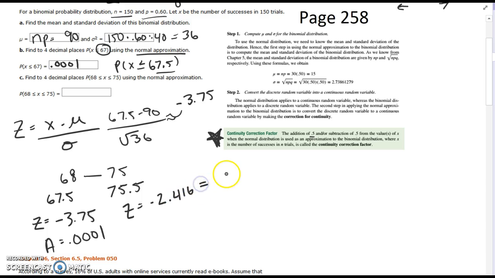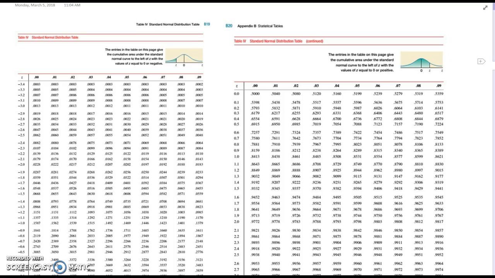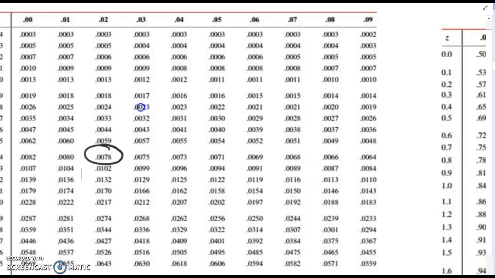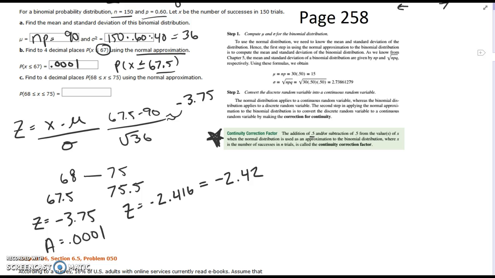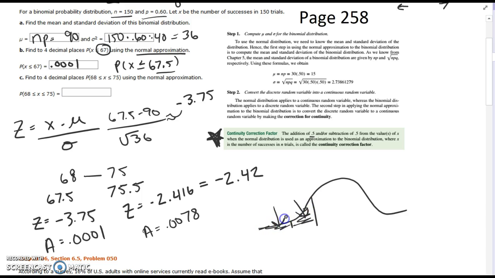Our table only goes up to 2 decimals, so minus 2.42. In the standard normal distribution, minus 2.42, I get 0.0078. If I take this area minus this area, remember this would be the larger area, so I get 0.0077.